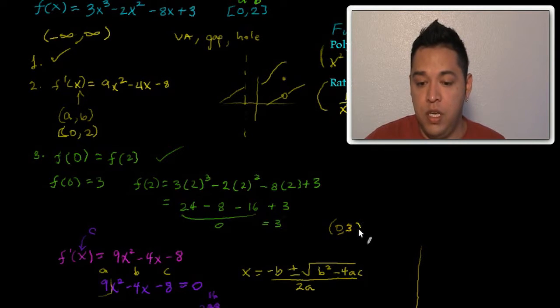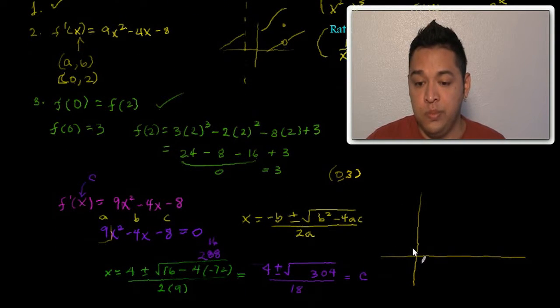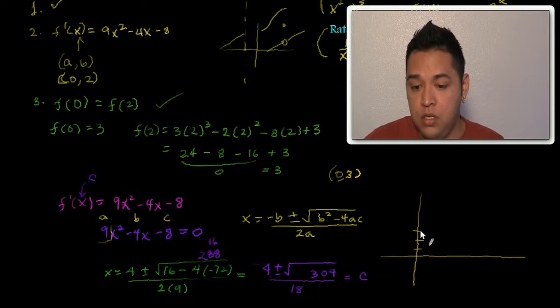So 0, 3 is a point that I know I have in my equation. So at 0, 3, that's where the graph starts.